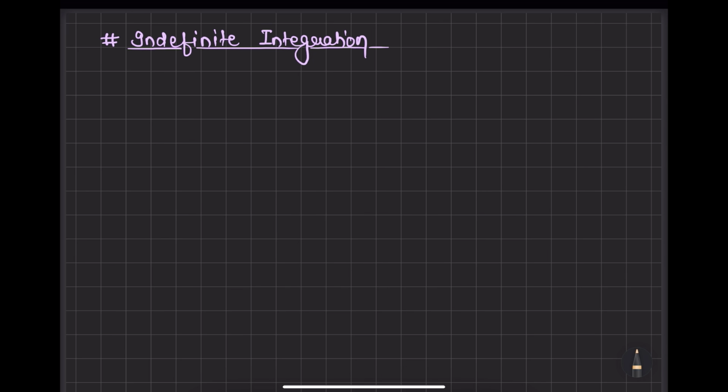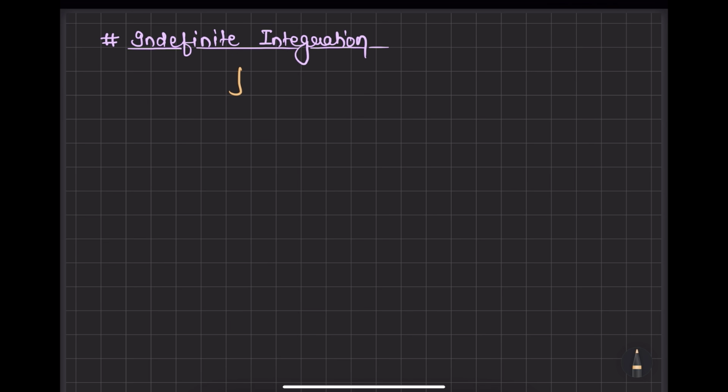Okay, so you have to understand this indefinite integration. So what is the symbolic representation of indefinite integration? Try to understand. We will be using this symbol. So what is this symbol?